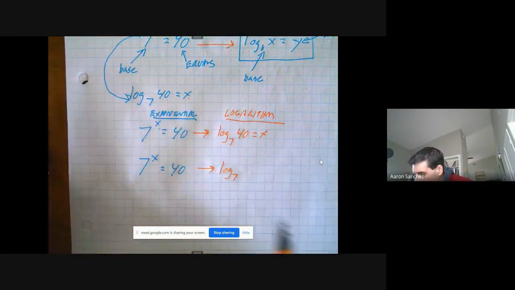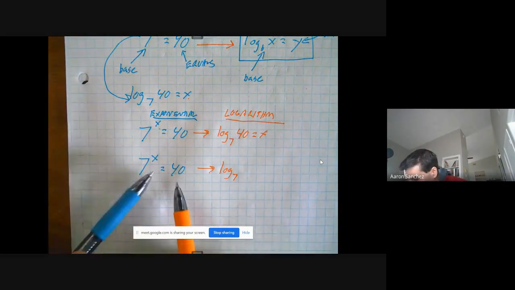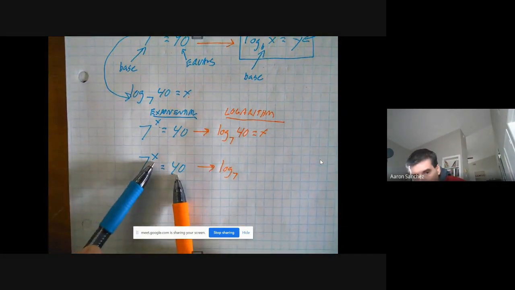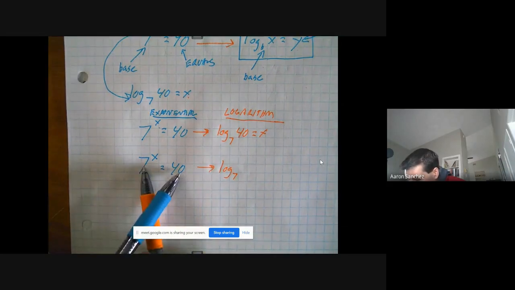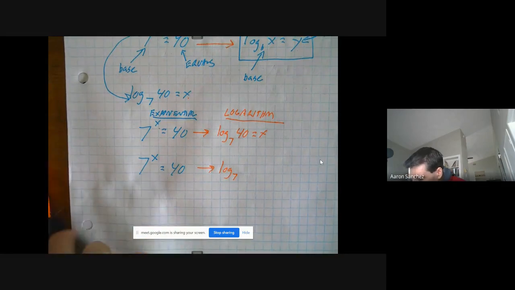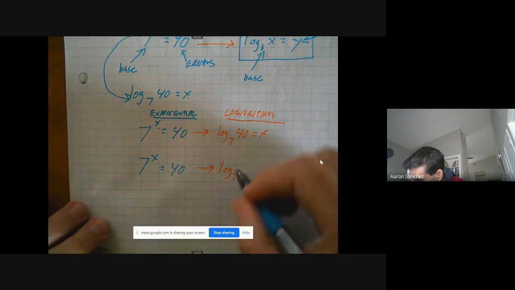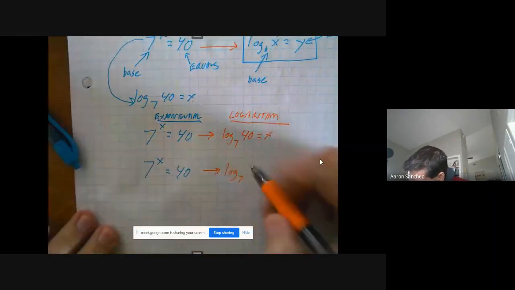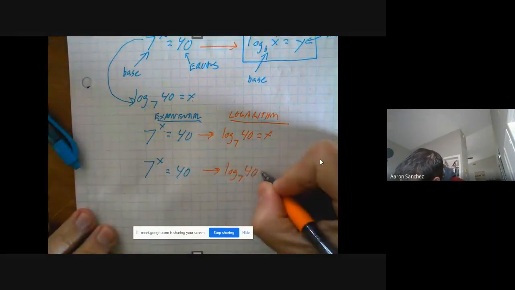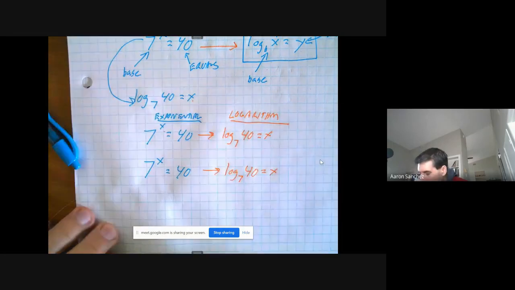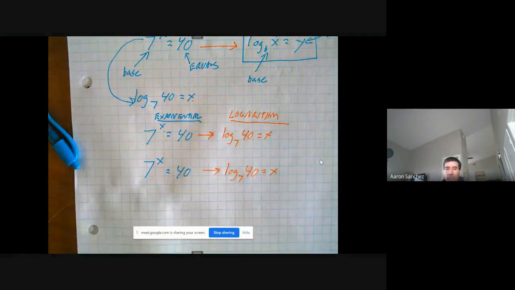Then you take the x and the 40. And guess what I do? I'm going to switch them. Instead of writing 7 raised to the x, I write log base 7 of 40 equals x. You switch them. Okay? Just switch them, as long as you have the x on the right.